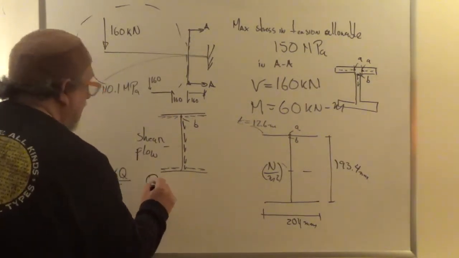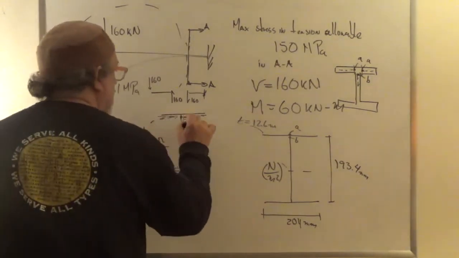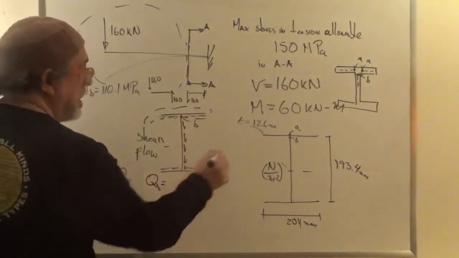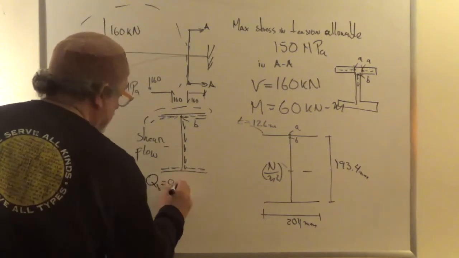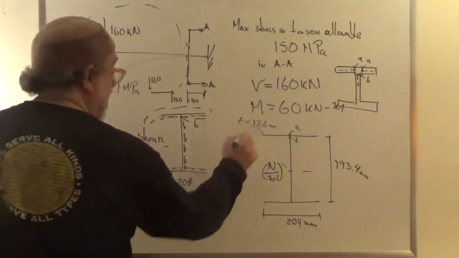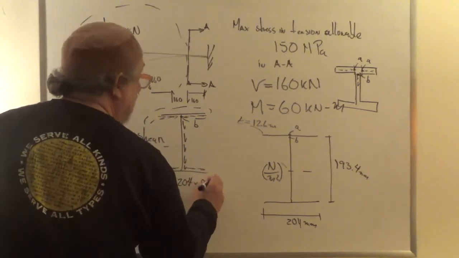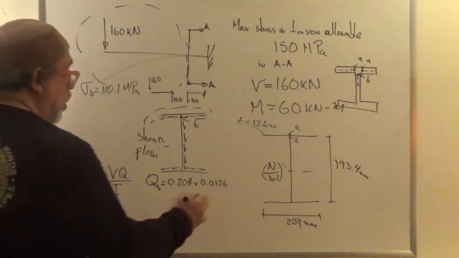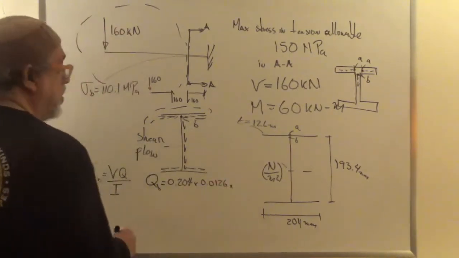So Q at B is, we take our cut, right? So Q is that area, which is 0.204 meters, multiplied by a thickness of 0.0126 meters, multiplied times how much?